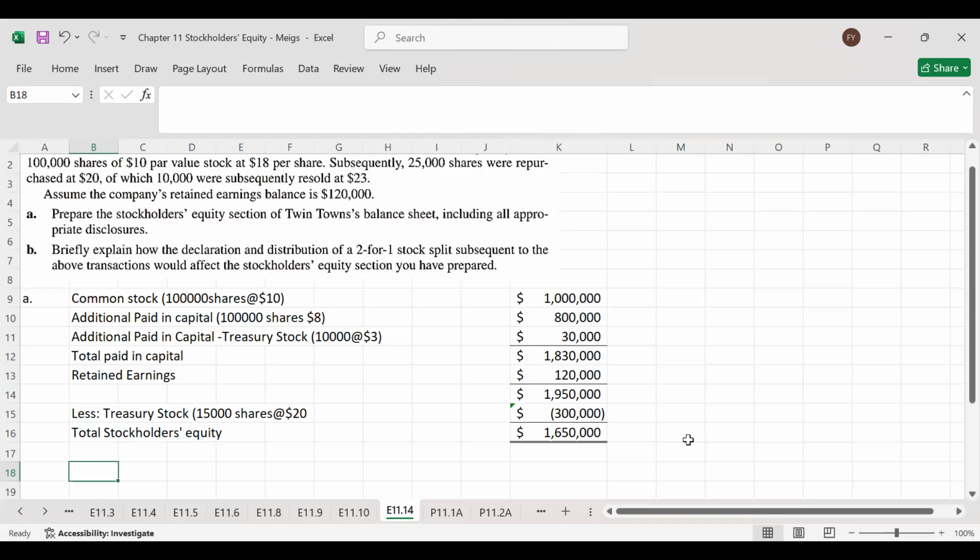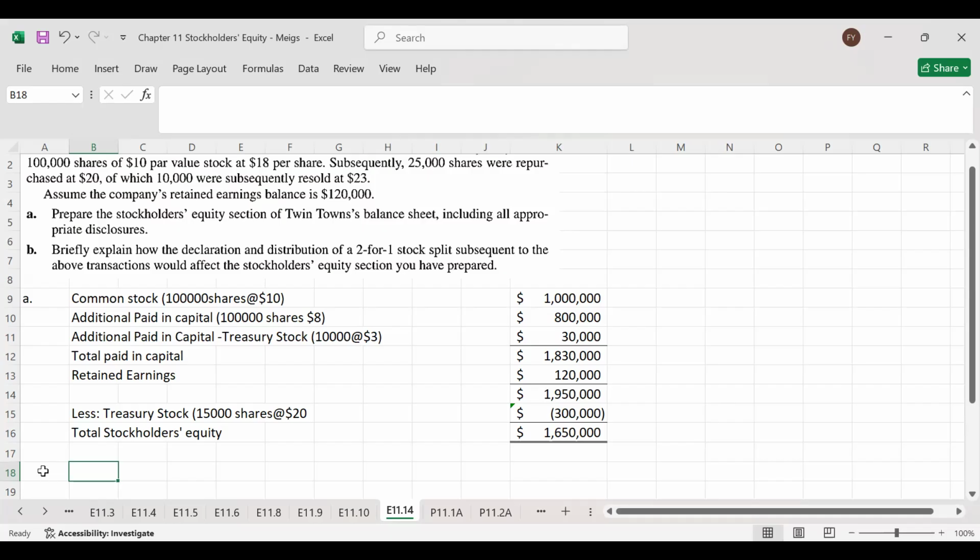So after a 2-for-1 stock split is distributed, the par value of the common stock will be reduced to half, and all the shares will be doubled. So a 2-for-1 split has no effect on the total figure of the common stock, any additional paid in capital, retained earnings, treasury stock, or even the total stockholders' equity.